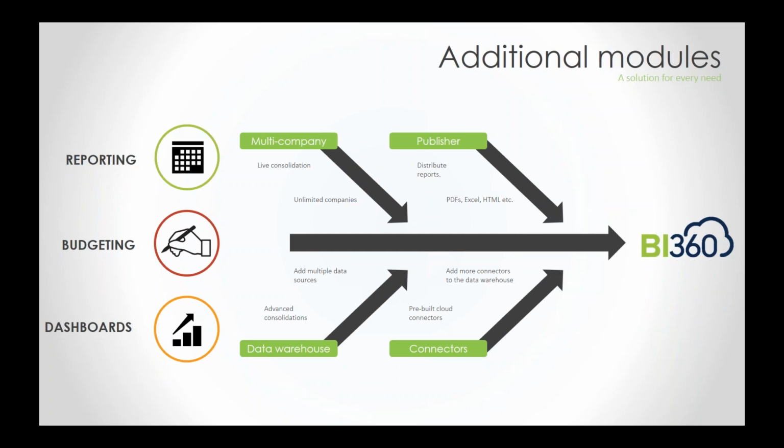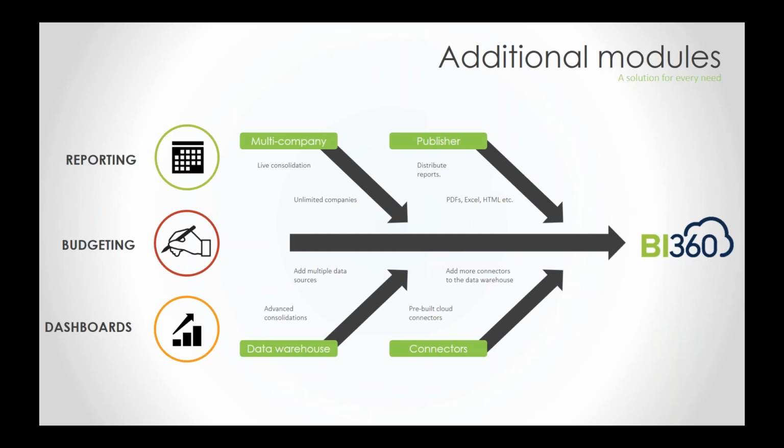So if you are running Business One with multiple legal entities, you can have consolidated reports summarizing actuals and budgets, of course, throughout all those entities into one single view in real time. So the live consolidation is an add-on for unlimited number of legal entities within one Business One implementation.